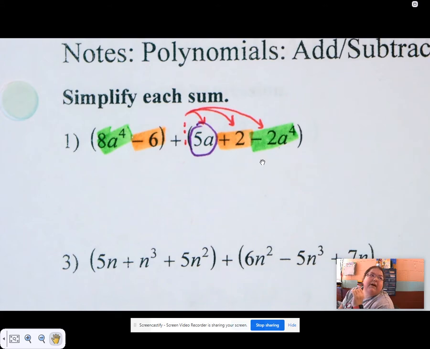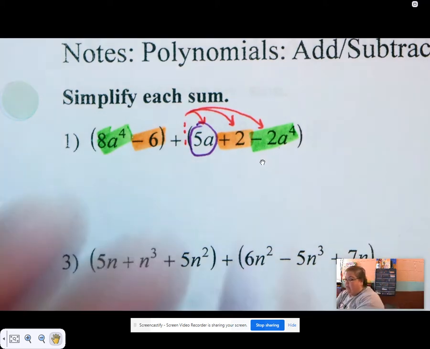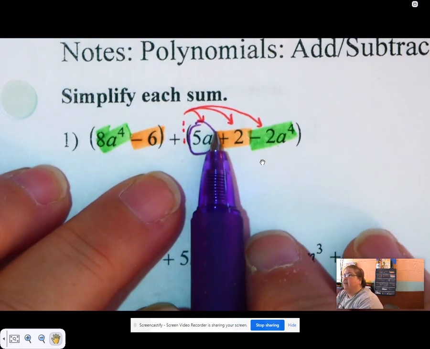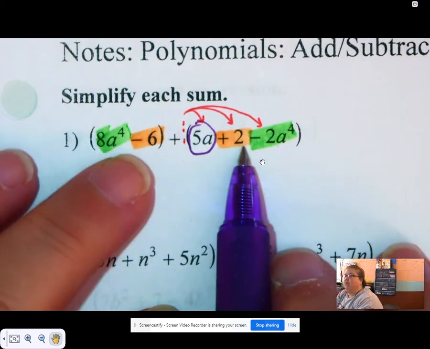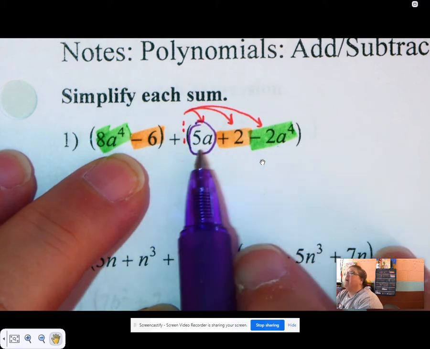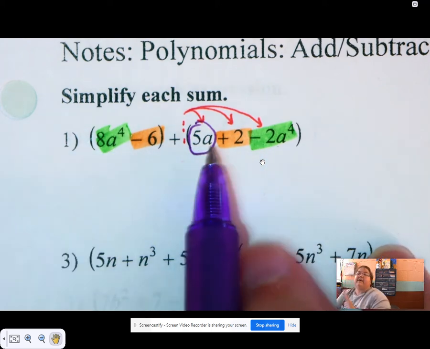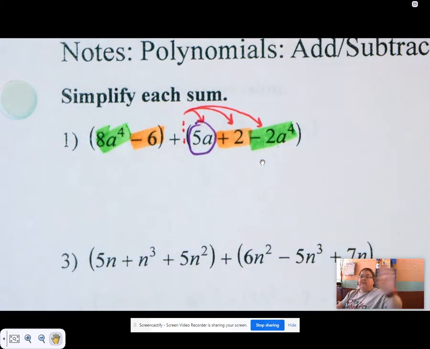Since this a doesn't have an exponent that belongs to any of what I already have, he has to be written separate. I can't combine him because he doesn't have the same exponent.